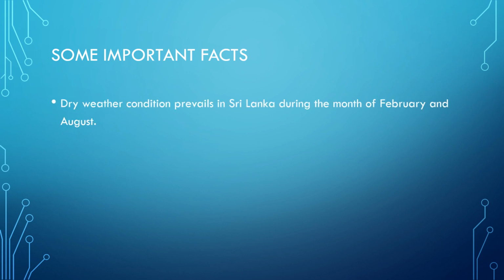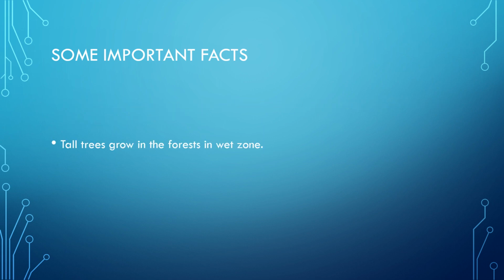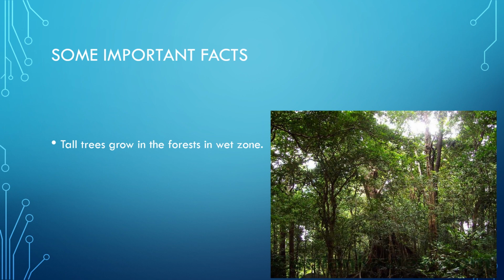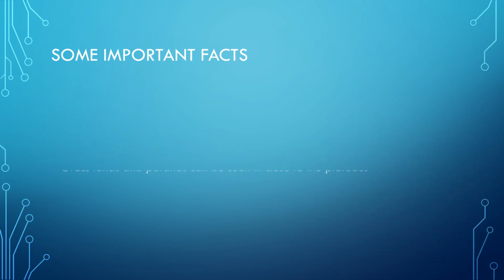At last, I am going to give some important facts. Dry weather conditions prevail in Sri Lanka during the months of February and August. Tall trees grow in the forests in the wet zone. Grasslands and patanas can be seen close to the plateaus.